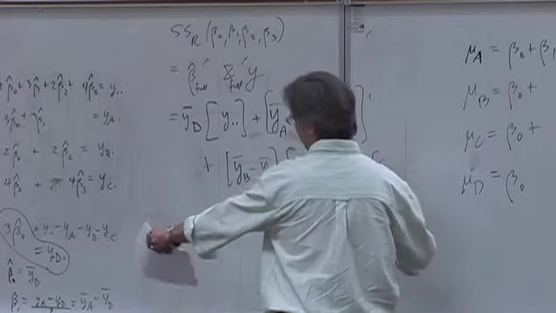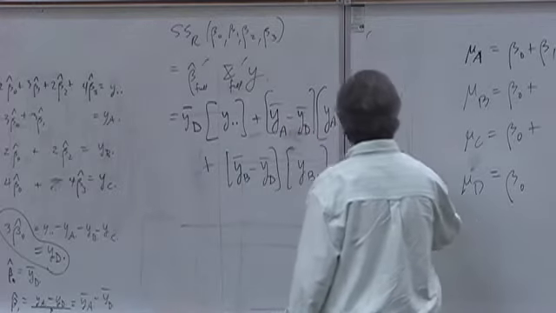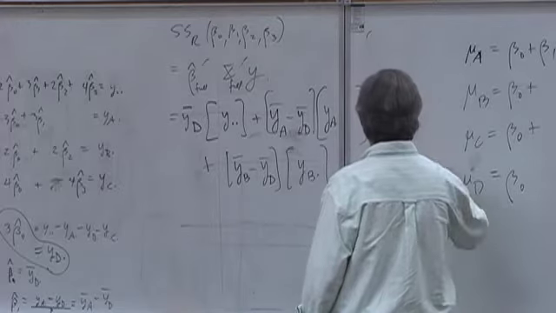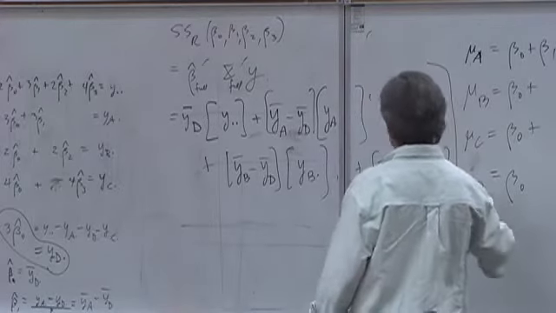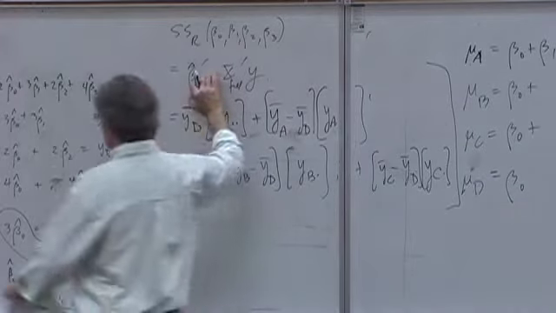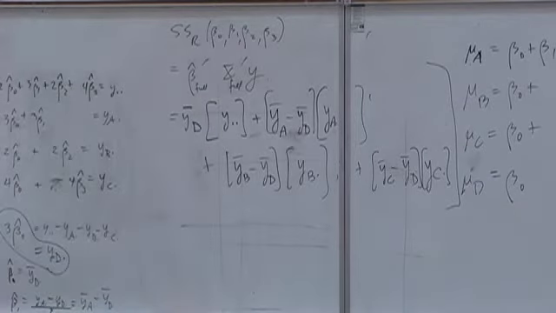I didn't write all the beta hats down, but this is what they are. It's just this sideways vector, which is this beta hat, times this column here.